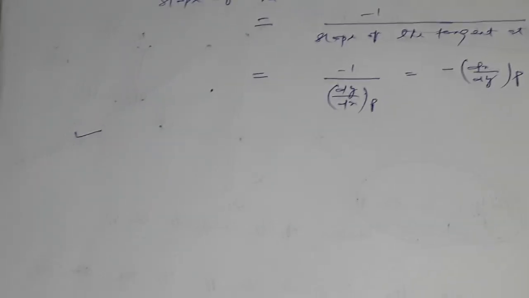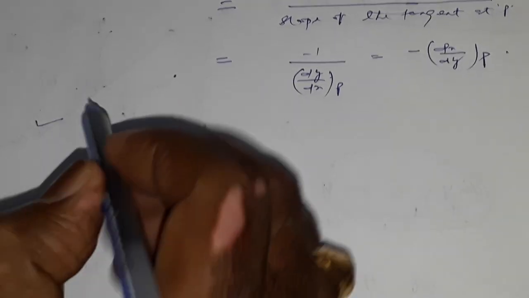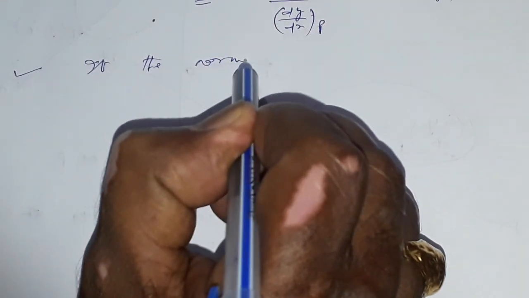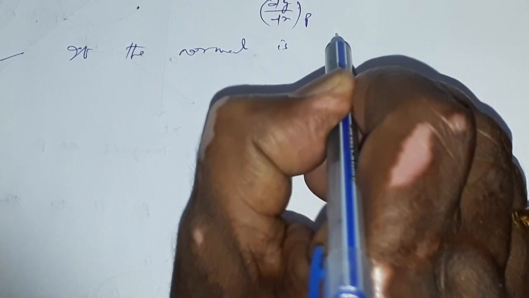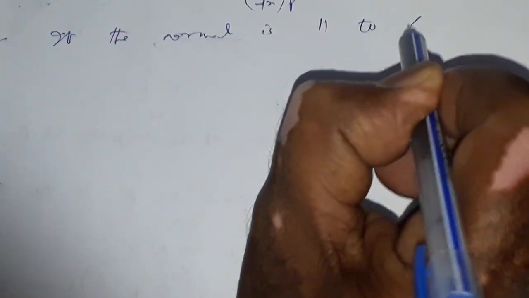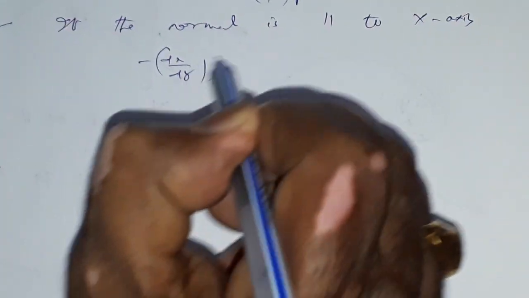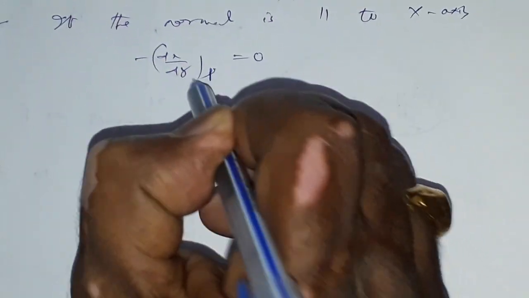If the normal is parallel to the x-axis, then minus dx/dy at P equals 0, or dx/dy at P equals 0.